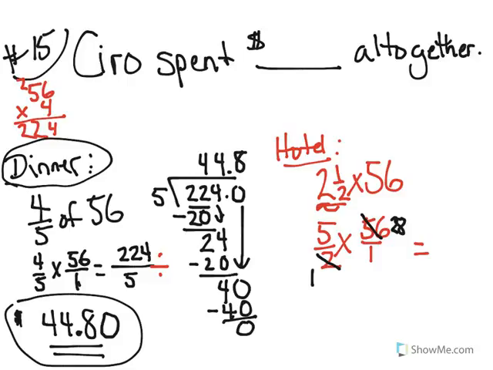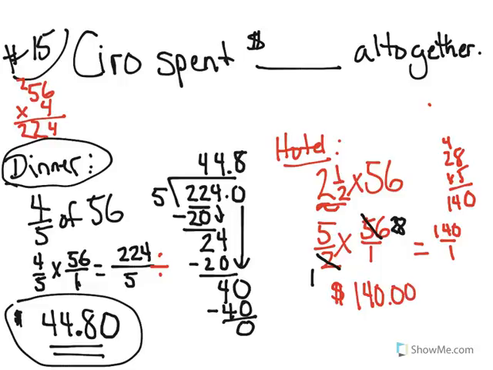So now I need to multiply my numerators, which is 5 times 28. So I'm going to do that over here, 28 times 5. 8 times 5 is 40. 2 times 5 is 10, plus the 4 that I carried, and I get 140. For my numerator, 1 is my denominator, so I know that the hotel was $140.